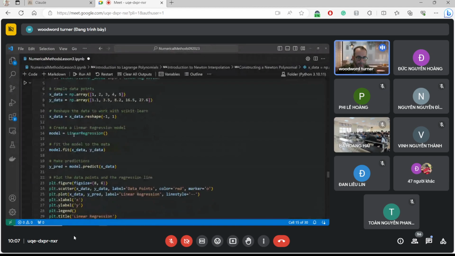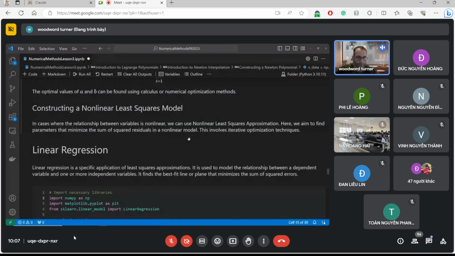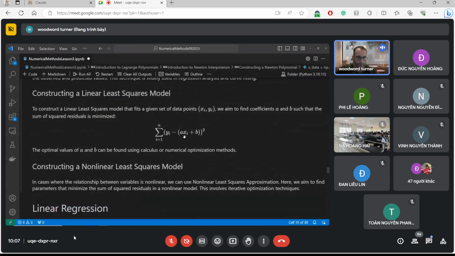I make an instance of the linear regression model, and then I fit my model. When I say fit my model, I'm just taking the sum of squares here and minimizing this error. When I get the minimum error, then I'll say, okay, this is the best model we have to approximate this function.